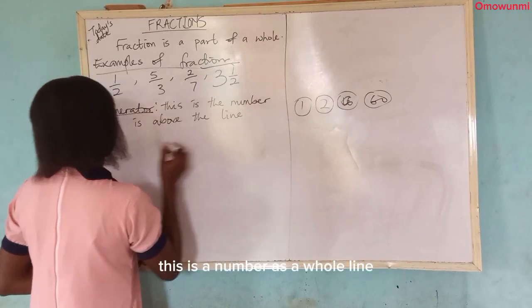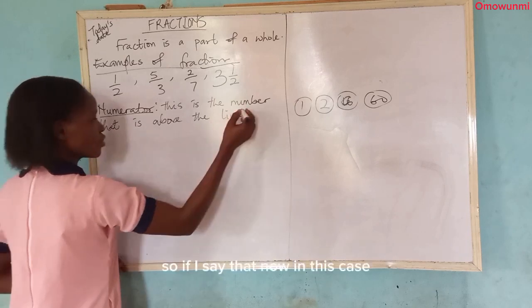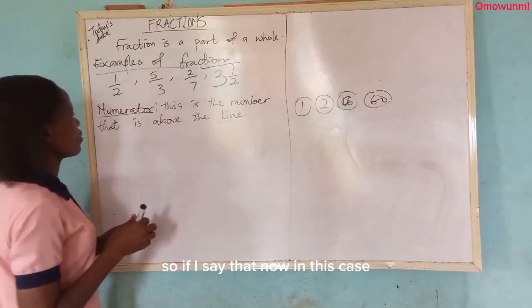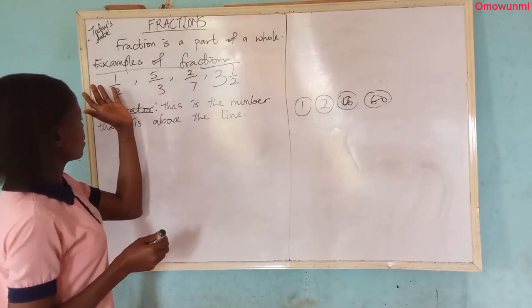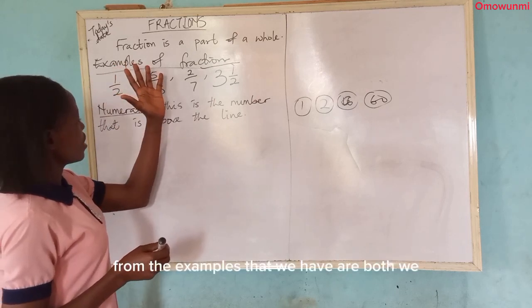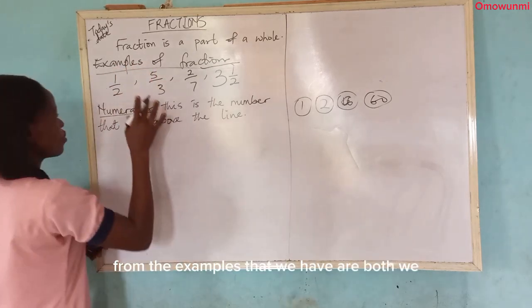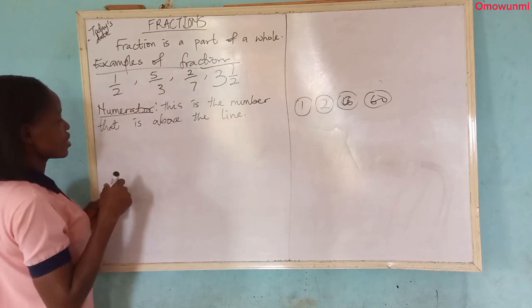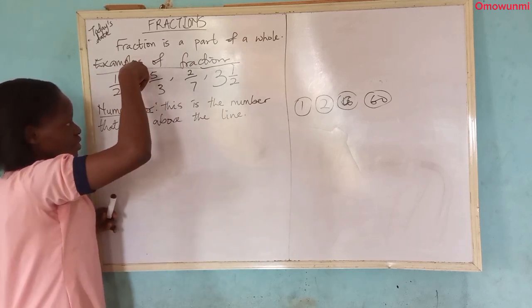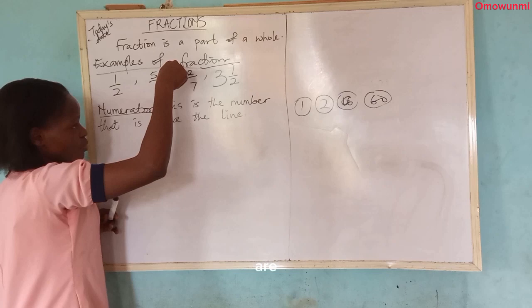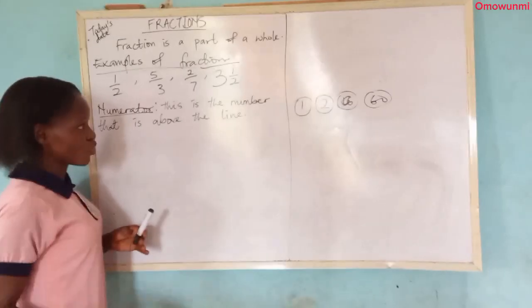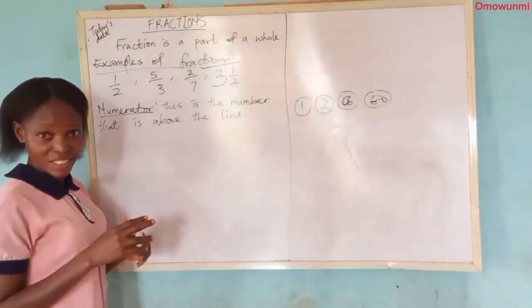From the examples that we have above, we have 1 as our numerator here, 5 our numerator here, 2 our numerator, and 1 as our numerator in this place. Hope you are getting it.